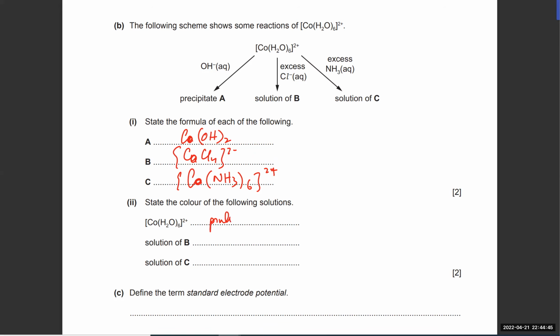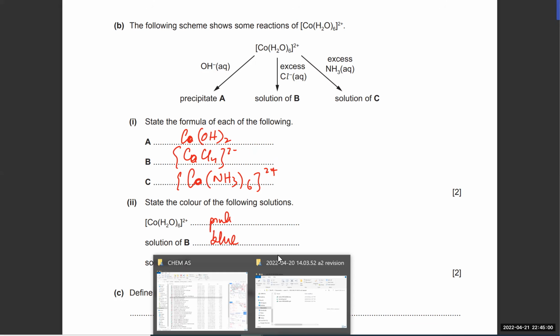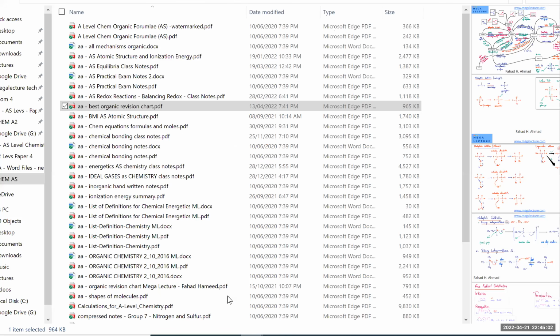What is the color with Cl? Blue. With Cl it's blue. Cobalt, and what is the color with NH3? It can result in yellow or... It's not yellow.